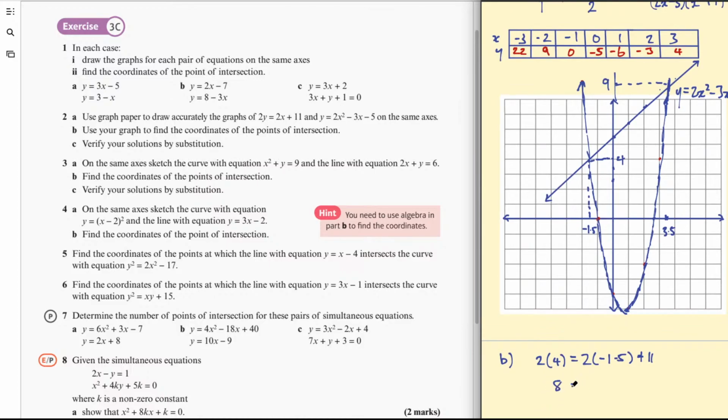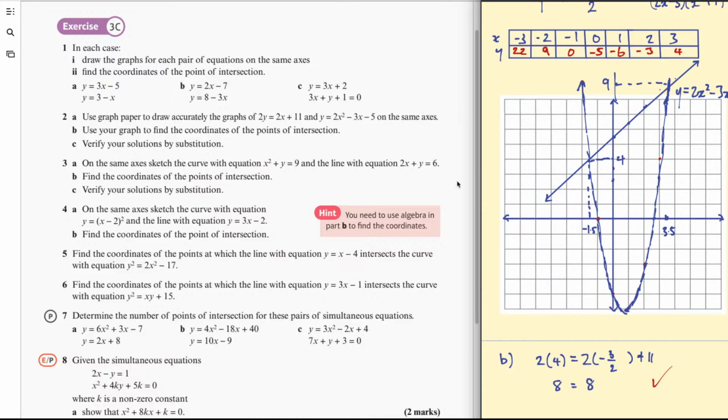This is 8, and on the right hand side, I have -3 plus 11. Great. So this point is correct, at least for the straight line.